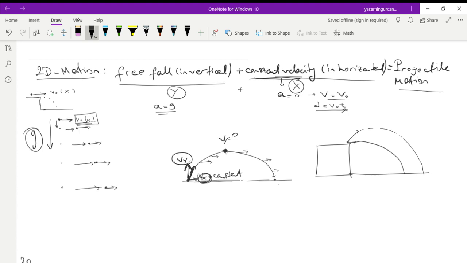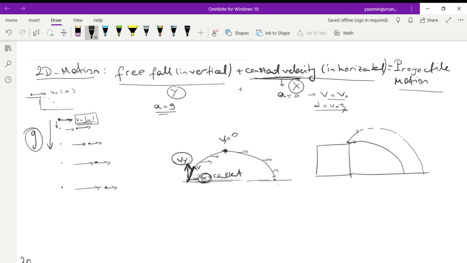Because we're at this level of physics where we don't do vector calculations, you're never going to be given a velocity and asked for the combination of vertical and horizontal components, because that requires vector addition.